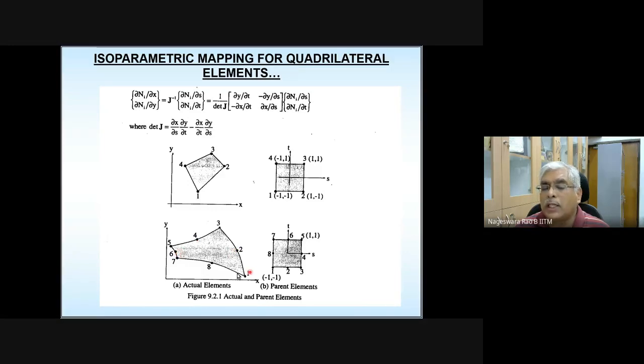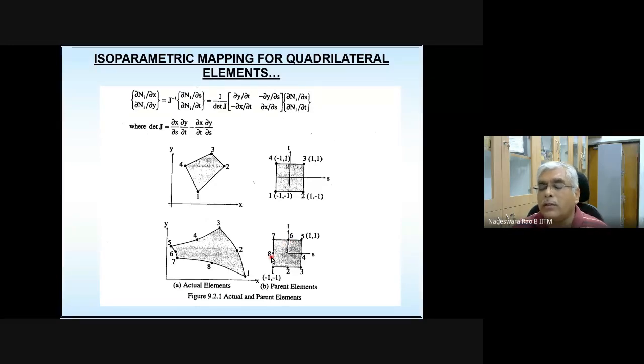I hope it's clear. So in some textbooks you may see something like 1, 2, 3, 4, and then 5, 6, 7, 8. Similarly here, in some textbooks you'll see 1, 2, 3, 4, 5, 6, 7, 8.